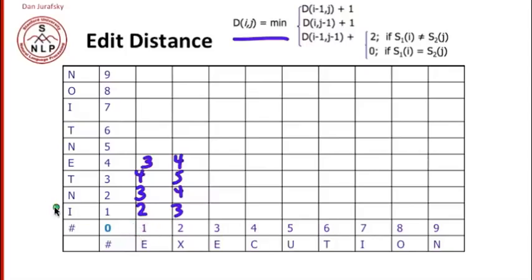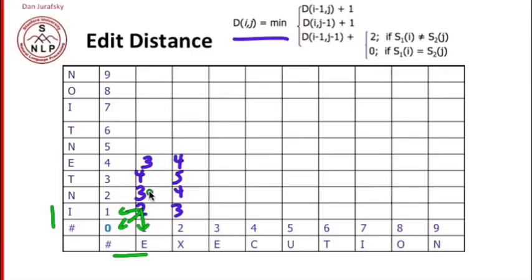This 2 here is the distance between the string I and the string E. And we got that by saying it's either the alignment between nothing and E plus the insertion of an extra I, so that's distance of 1 plus 1 is 2, or 0 plus 2 is 2, or 1 plus 1 is 2. So we had 3 different values. If we were asking which minimum path did we come from, really they're all the same. We could have come from any of them.